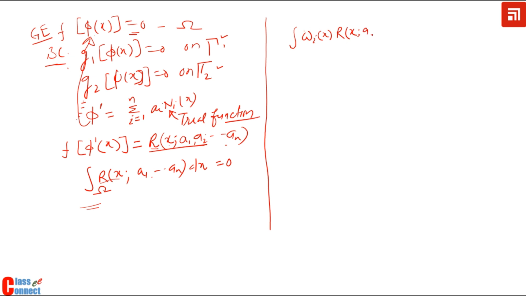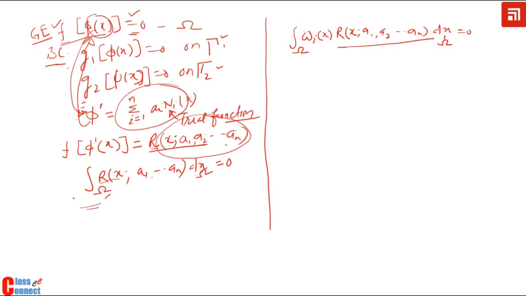So the residual function, with a1, a2 up to an, times w_i, dx, should be 0. Again, wherever it is omega, it has to be omega, so that it represents the domain integration. If it is 1D, then it is dx; for 2D, it is a double integration with dx and dy.